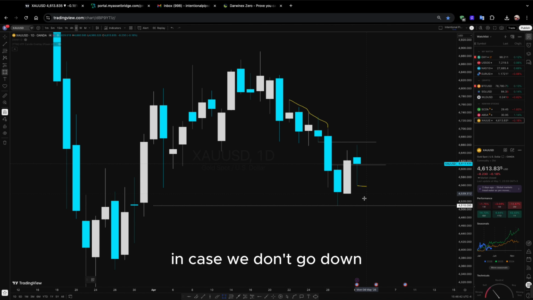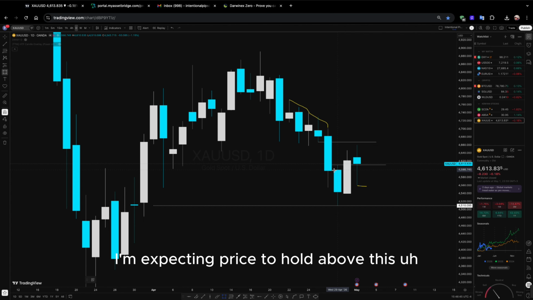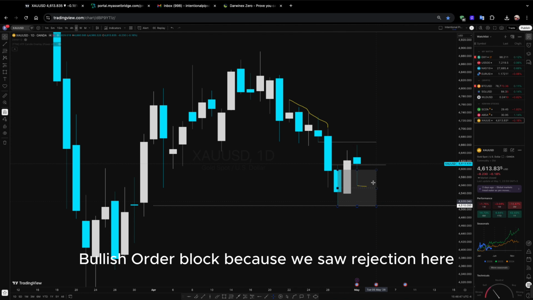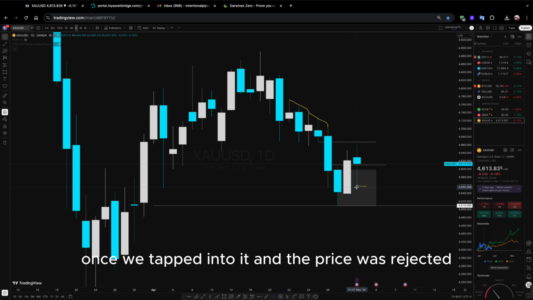In case we don't go down, I'm expecting price to hold above this bullish order block, because we saw rejection here once we tapped into it, and price was rejected.